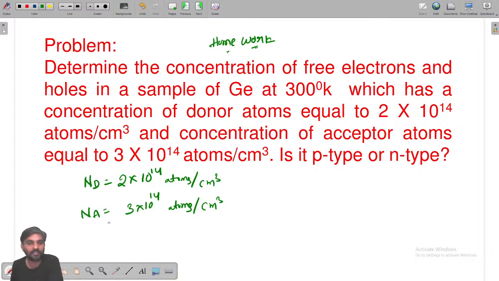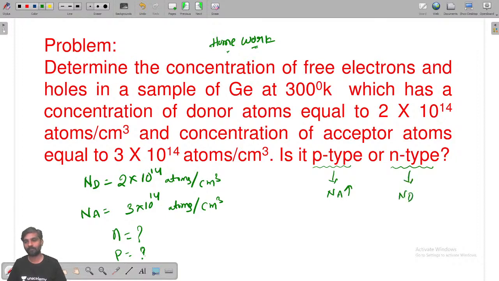So what is being asked is to determine the n value and the p value. First of all, we should know whether it is p type or n type. In p type, the NA value will be higher. In n type, the ND value will be higher.